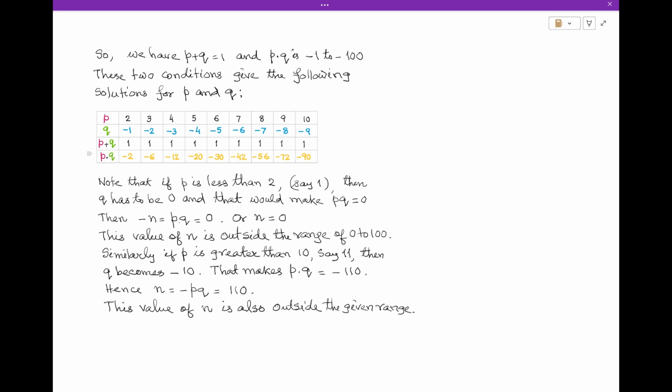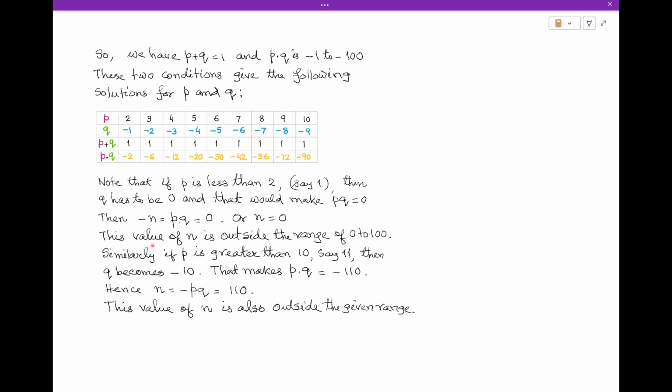Note that if p is less than 2, say 1, then q has to be 0 and that would make pq equal to 0. Then minus n would be pq and that would be 0 also, or n would become 0.